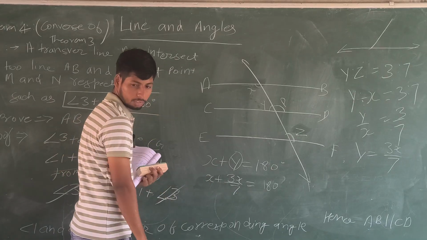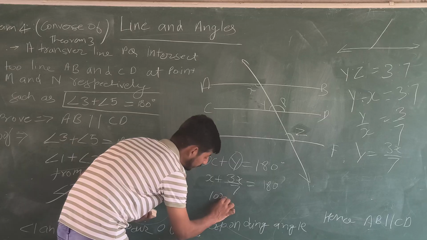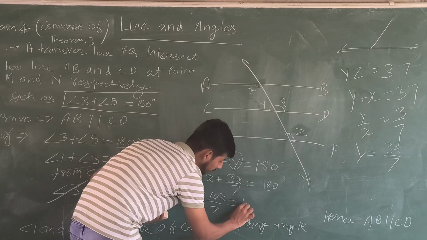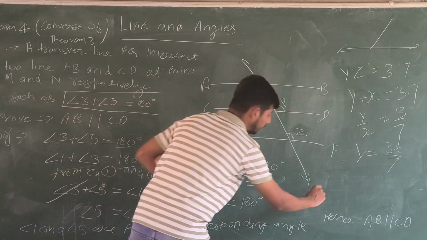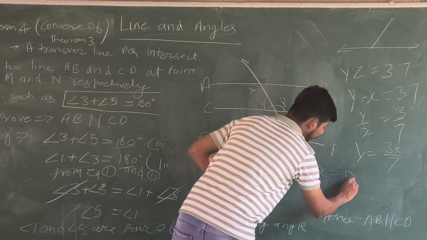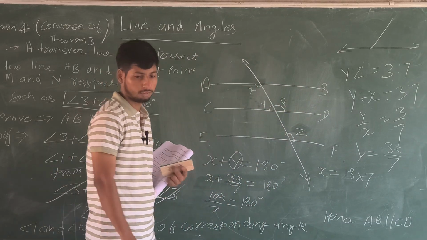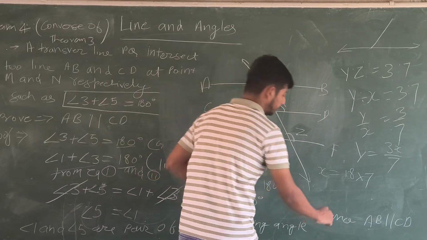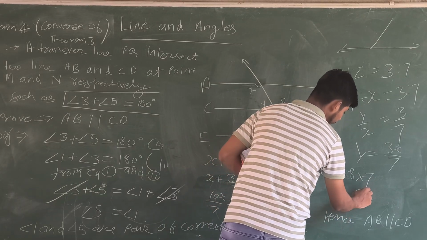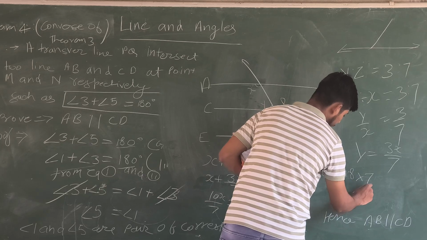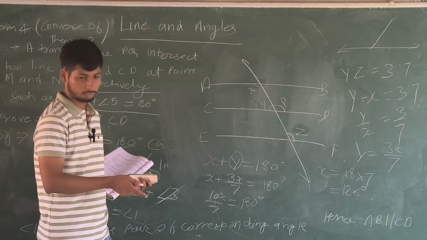If we multiply this one, 7 plus 3 is equal to 10x by 7 is equal to 180 degrees. So if you calculate this one, x is equal to 18 into 7, x is equal to 126 degrees.